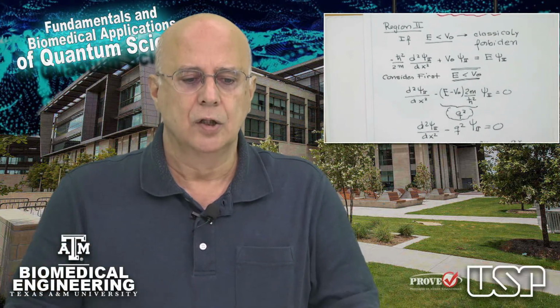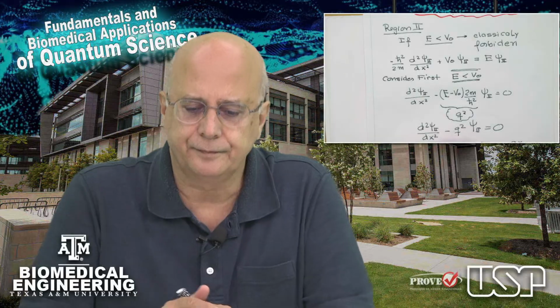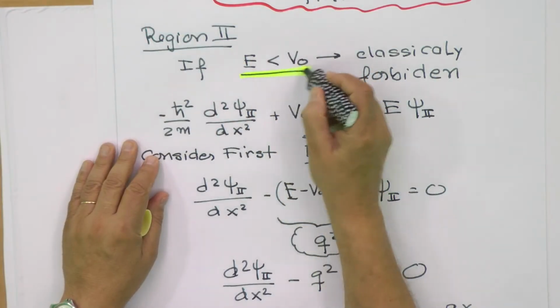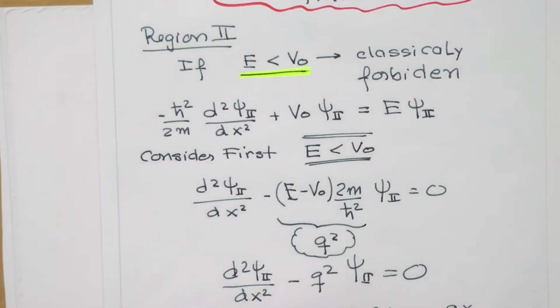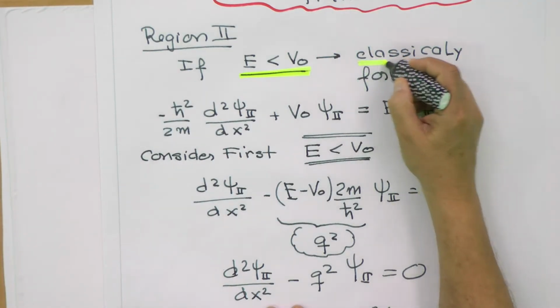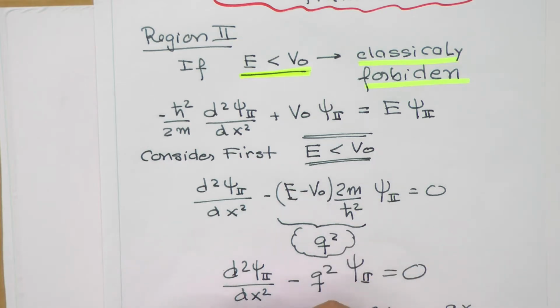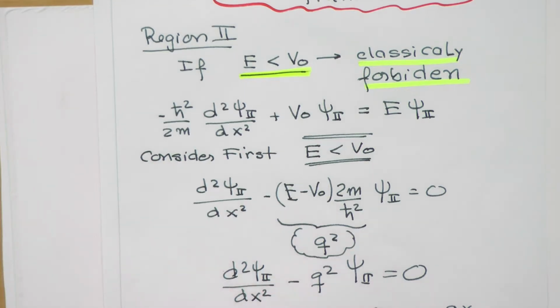Okay, so we go to region 2. Remember, we have the energy less than the top of the barrier. This is a classically forbidden region. We can't go through if we consider the classical concepts. But now we have the wave function for this region, and let's see what happens.